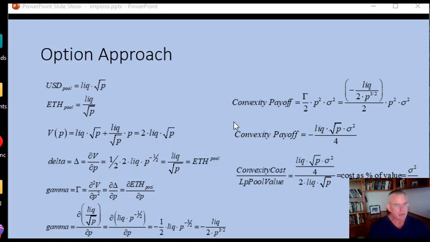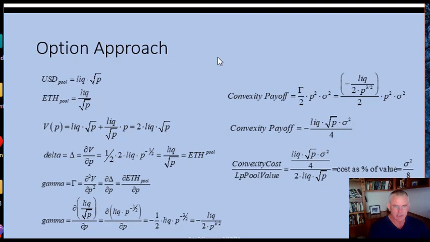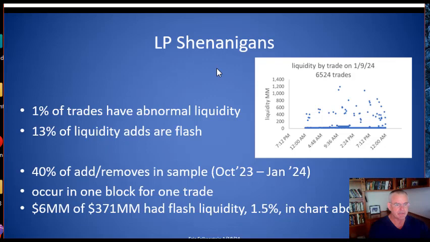Well, one tricky thing is, you might think this is driven by LP shenanigans of some sort, like MEV, miner extractable value. And you do see, if you look at the trades, here's a day where there's 6,500 trades or so. For like 1% of them, volatility goes up, average like 16 million, and then sometimes it goes up to a billion or something.